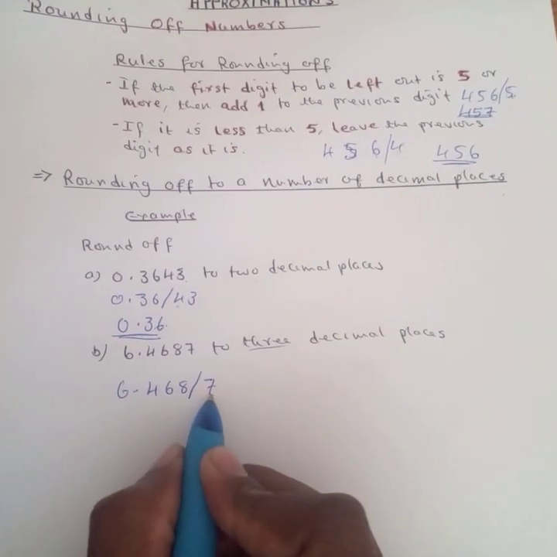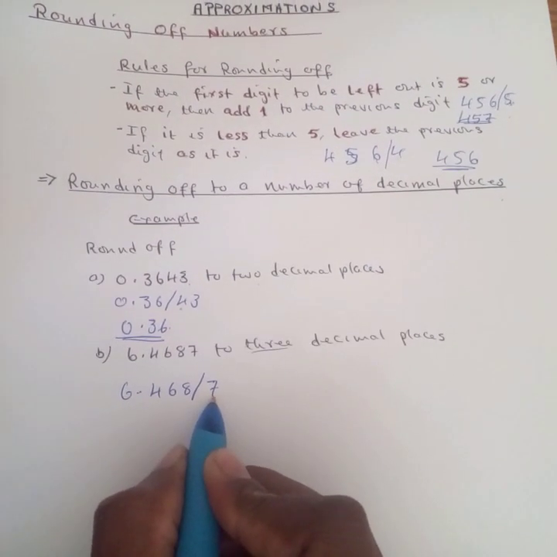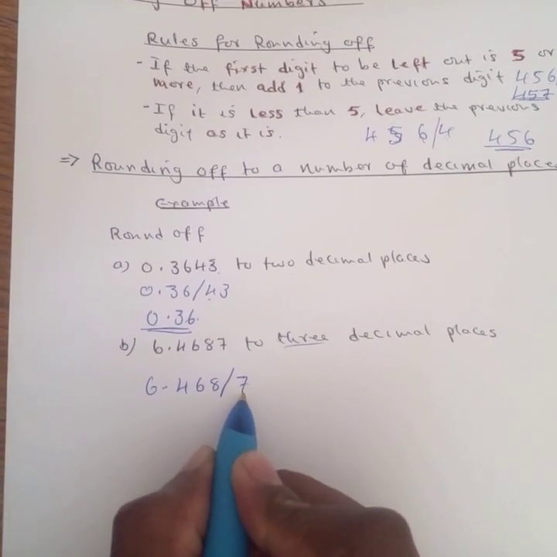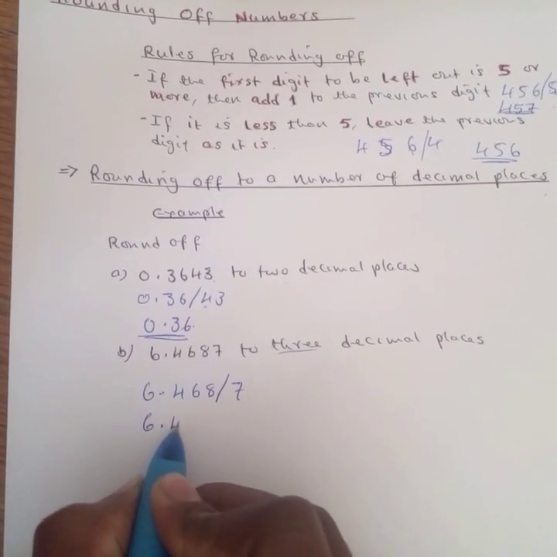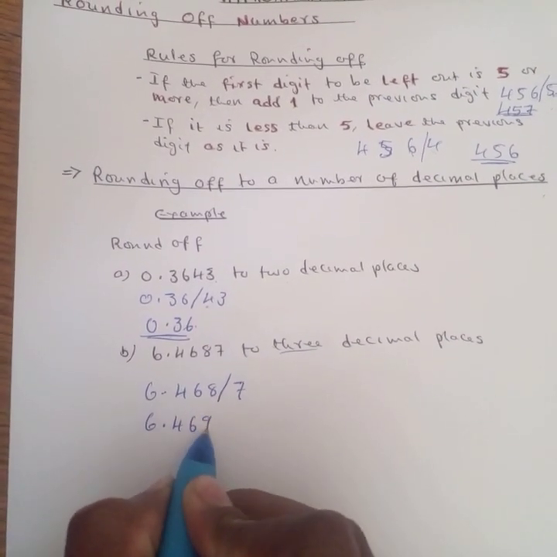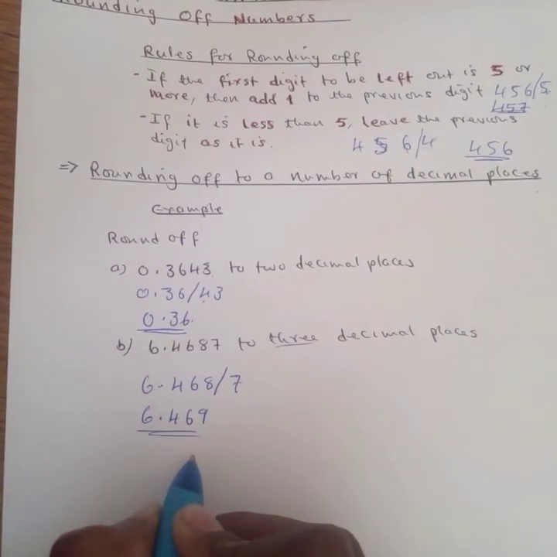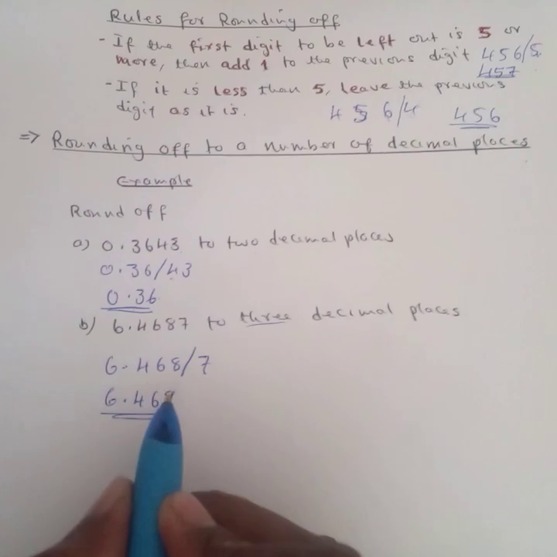Now you look at this digit that you are about to leave. Is it equal to 5 or greater than 5? It is greater than 5. So I add 1 there. It will be 6.468. So this is now in 3 decimal places. So this is how you round off to a number of decimal places.